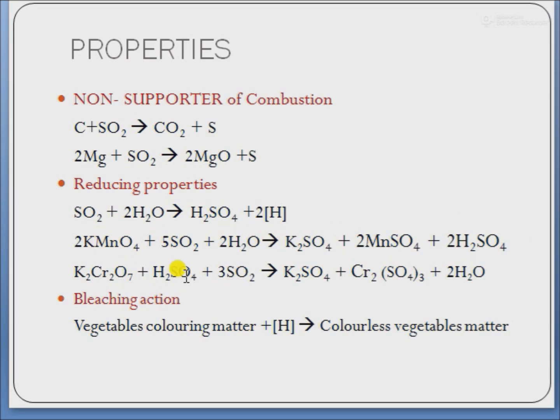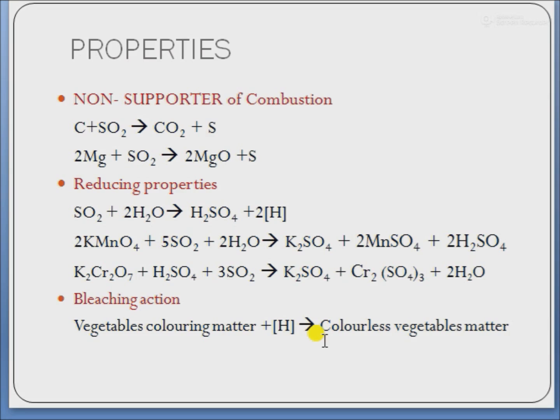Similarly, it reduces potassium dichromate to chromium sulfate plus potassium sulfate plus water. It reduces ferric to ferrous salts. It reduces acidified potassium iodate to iodine, and it reduces lead dioxide to lead sulfate.